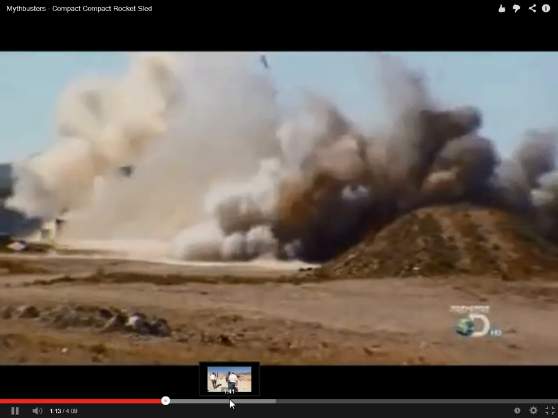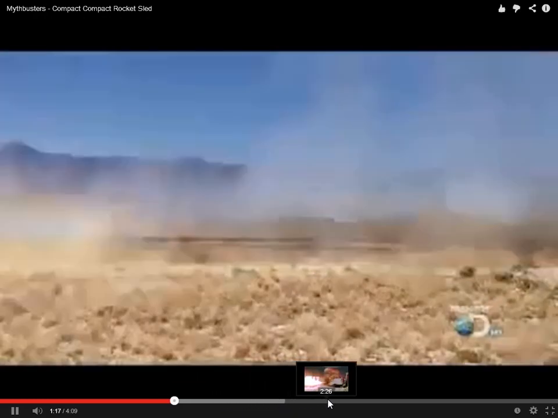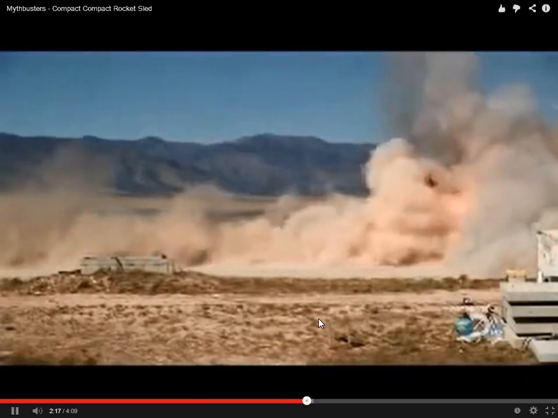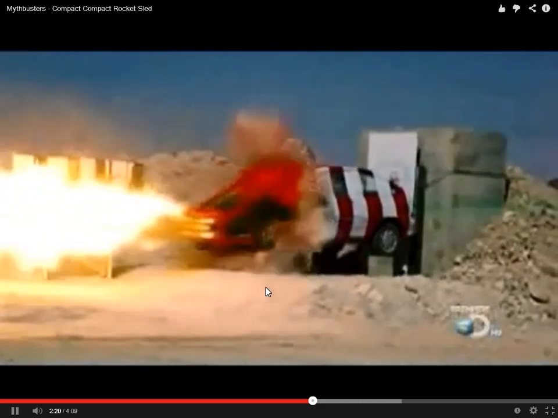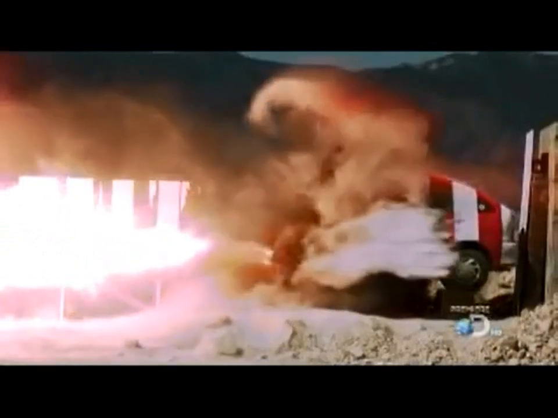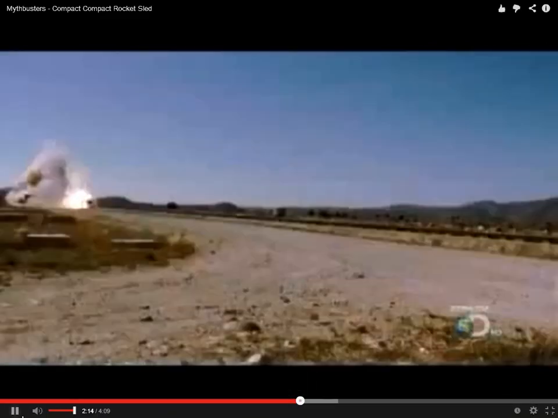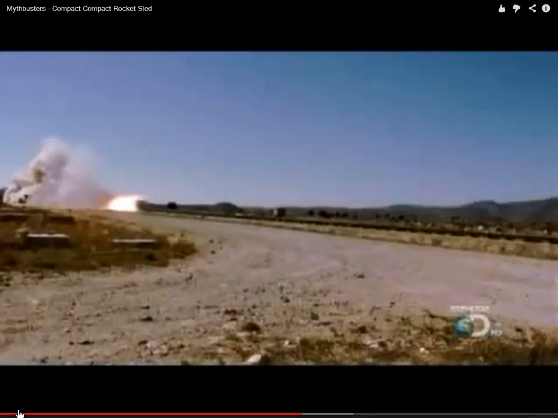I'm going to try and get to the slow mo part of it. Oh, here it is. Okay. I'm going to fast forward for you here. Okay, here we go. Okay, I want you to notice something here when they show this. You're going to see the actual paint from the car vaporize off of the car.